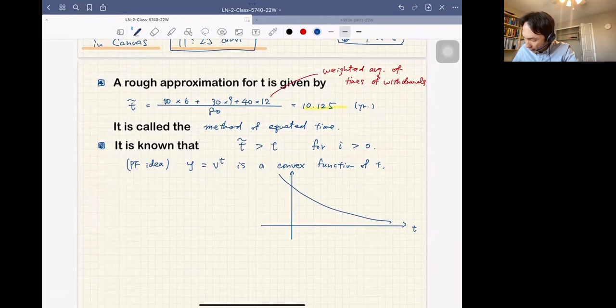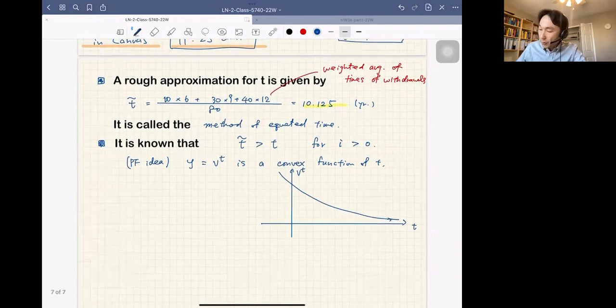This is t, and this is v to the power t, and this is convex, or concave upward. So using this, you can prove that t tilde is always larger than t.